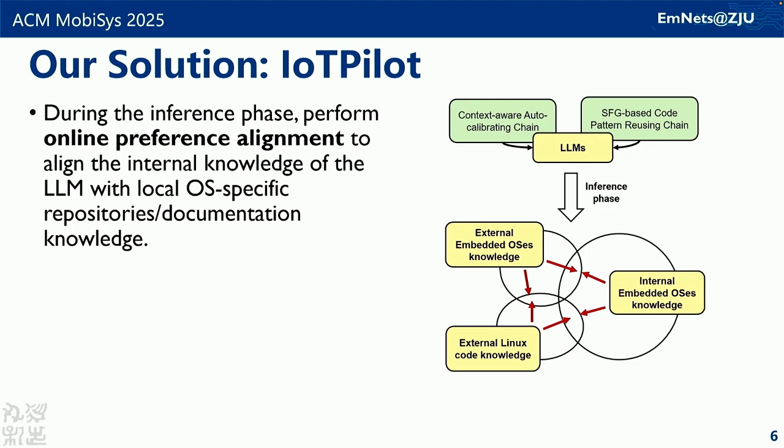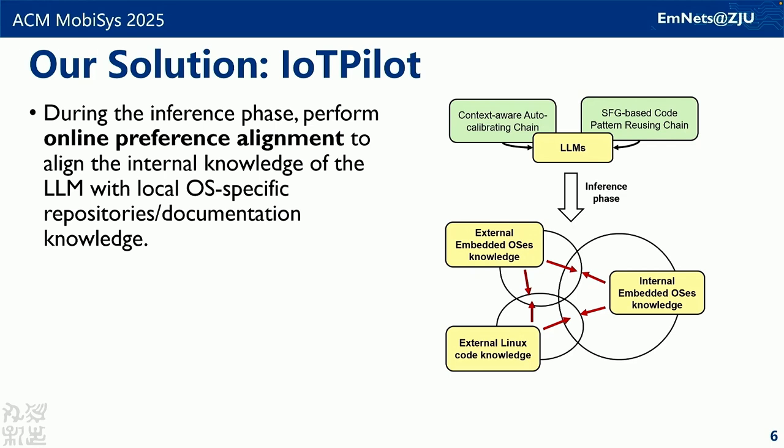However, due to the lack of datasets related to embedded OS, it is difficult to construct high-quality chosen and rejected training pairs. Therefore, instead of fine-tuning the LLMs, we introduce an online preference alignment method during the inference stage to align internal and external knowledge.